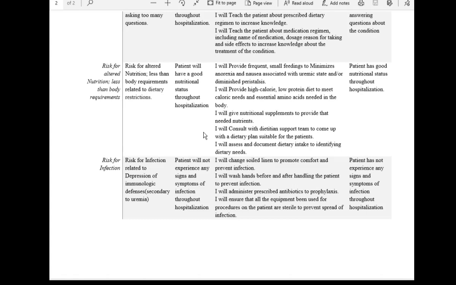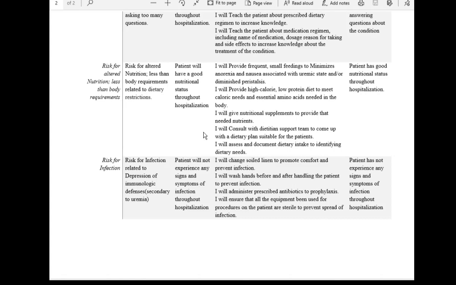Our goal for this problem: patient will have a good nutritional status throughout hospitalization. So we want to maintain a good nutritional status throughout hospitalization. So how do we maintain this good nutritional status?